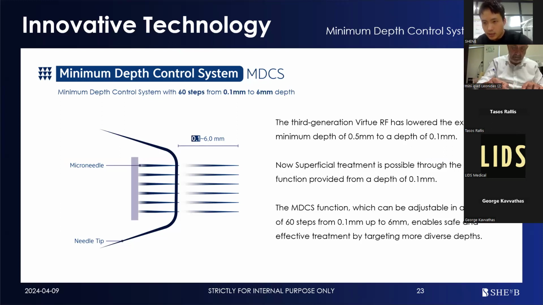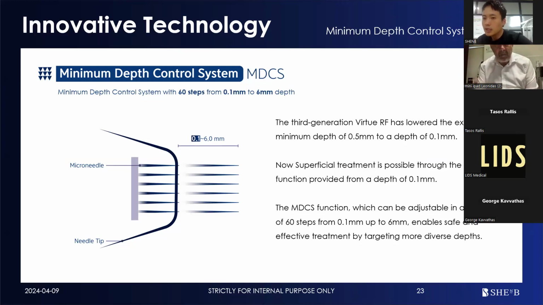Morpheus, for instance, which is the biggest competitor around the world in the market, can control the depths only with an increment level of 1.0. So they can choose only 1.0, 2.0, 3.0, something like that. But for Virtue and Vivace, we can choose needle depths in a very detailed way.